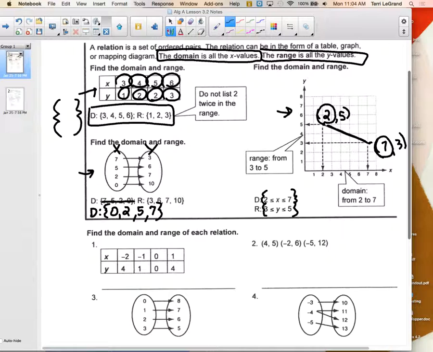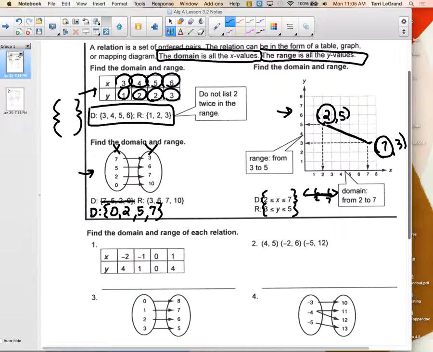So this says x is greater than or equal to 2 and less than or equal to 7. If we graph that on a number line, we would say, oh yeah, 2, 7, all the points in between and include 2 and 7. And that's exactly what's going on there. It's just that it's at a slant rather than horizontal.